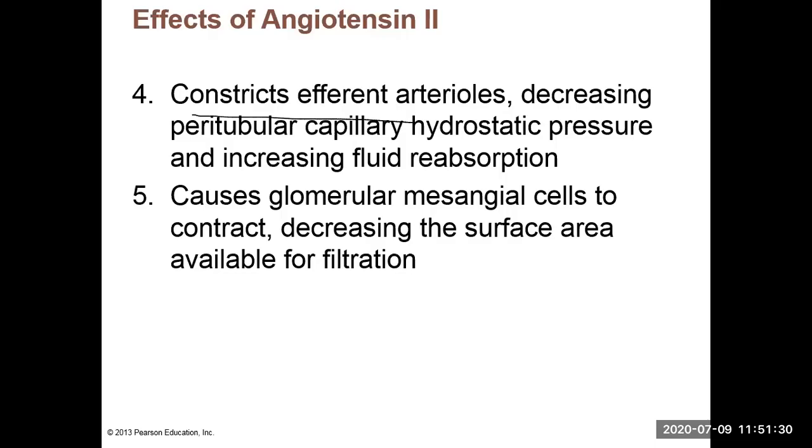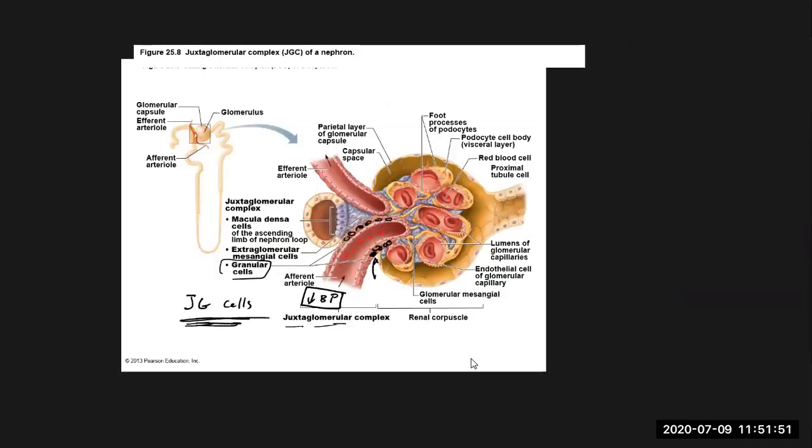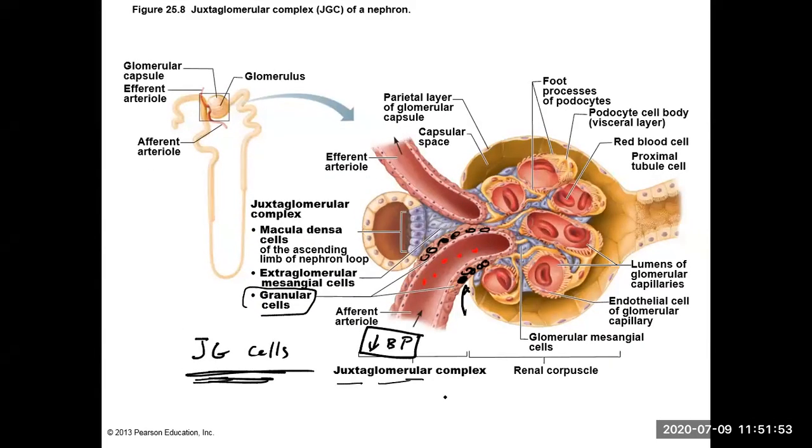And causes the glomerular mesangial cells to contract and decrease the surface area available for filtration. Don't worry too much about that right now. Mesangial cells, you can see these are the mesangial cells right over here.